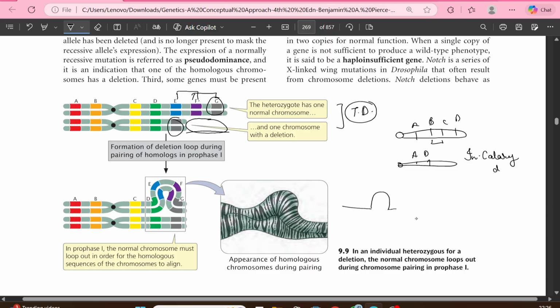Suppose this is my chromosome 1, it consists of C, this is a centromere, so C, D, E and F, and then here we have G, and this is your chromosome 2 which consists of C, D and G. Now this can pair, this can pair and this can pair, but EF cannot pair, so it has to be looped out. So again this can occur in the deletions as well.